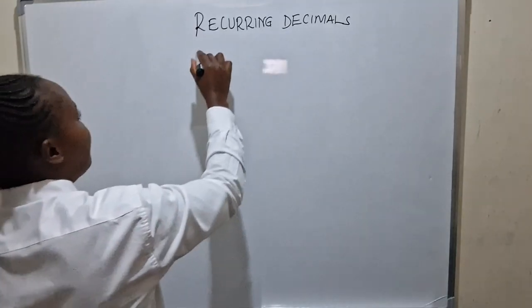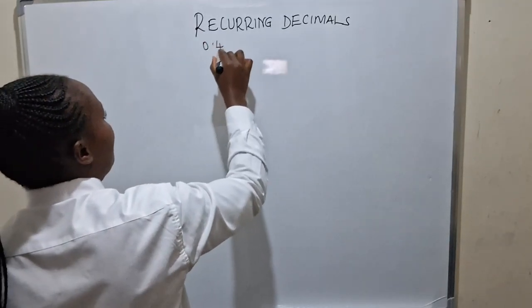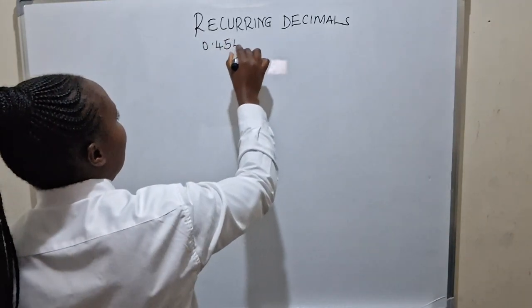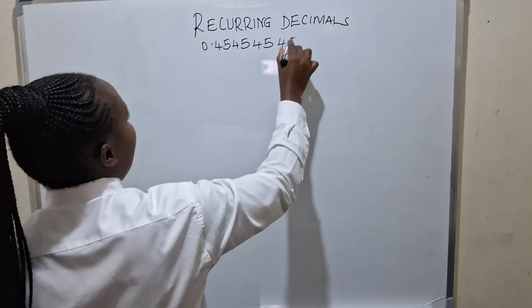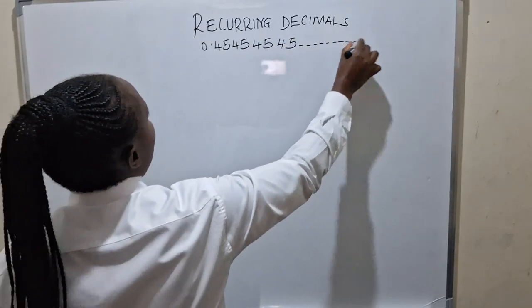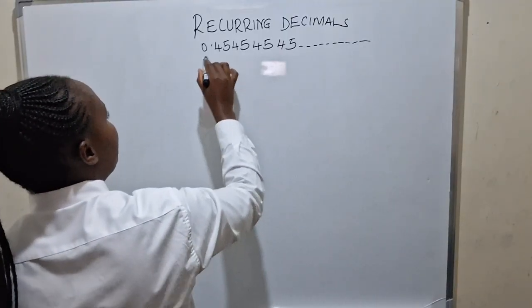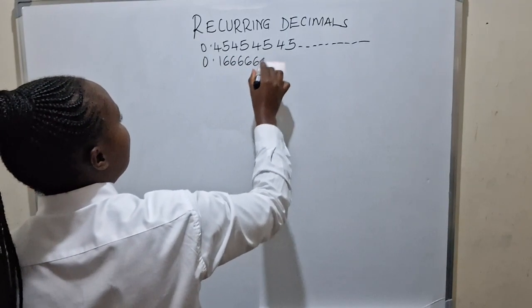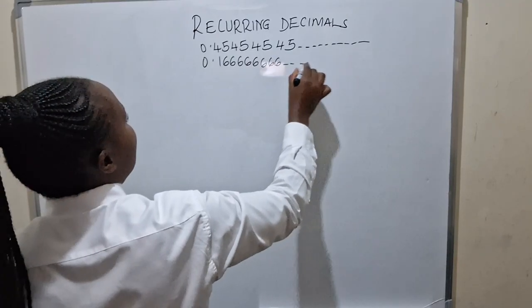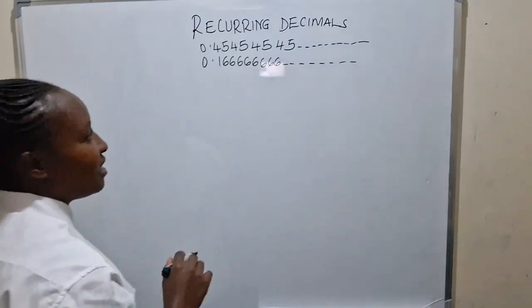For instance, we have 0.45454545 with no end. Then we can have 0.16666666. Literally, it cannot end.